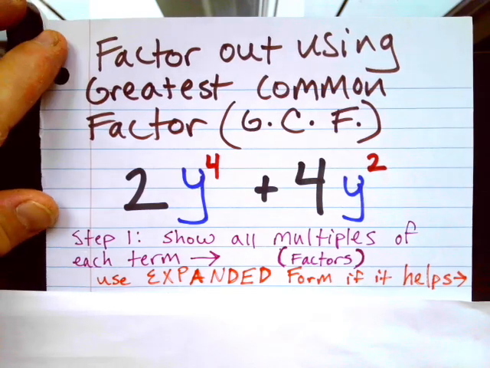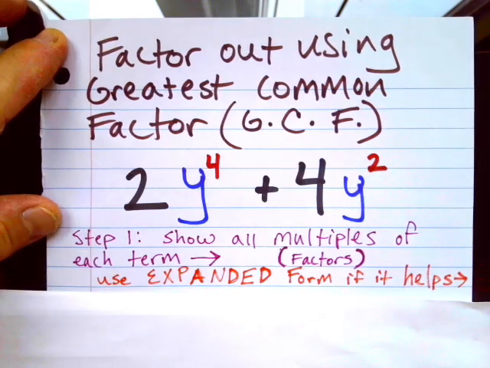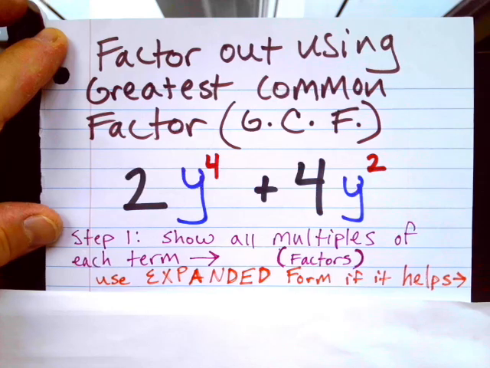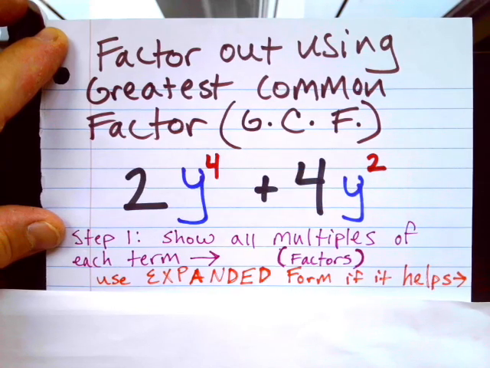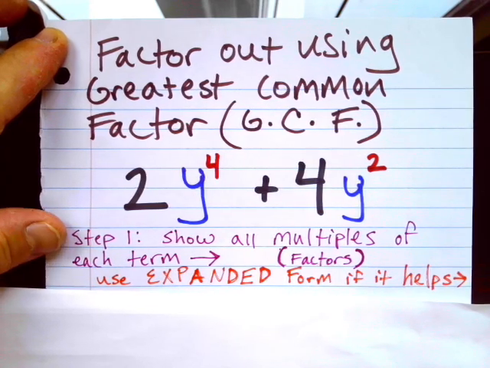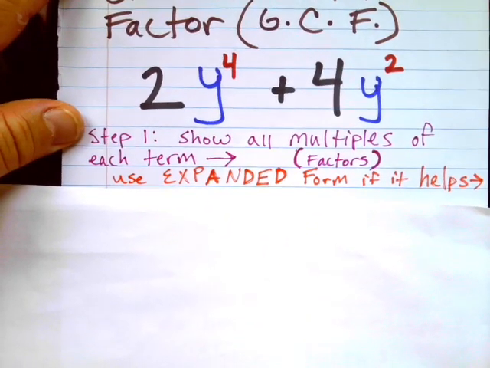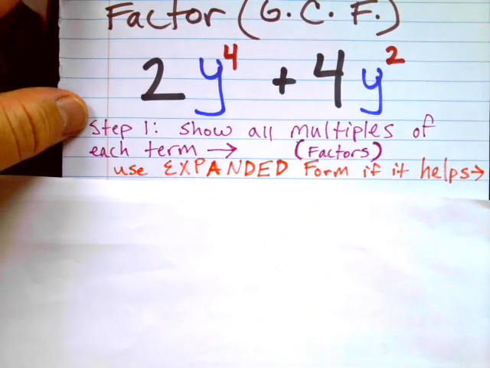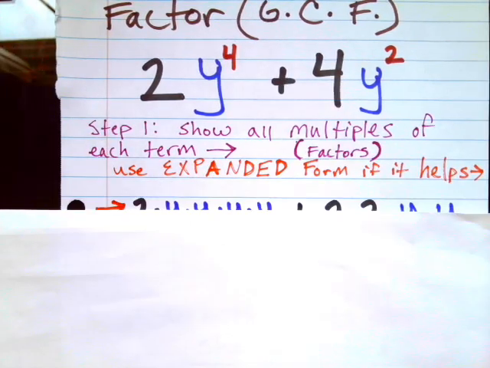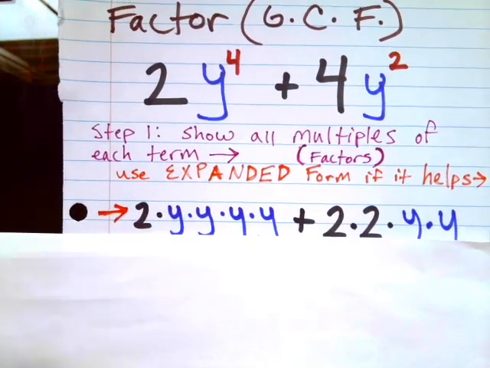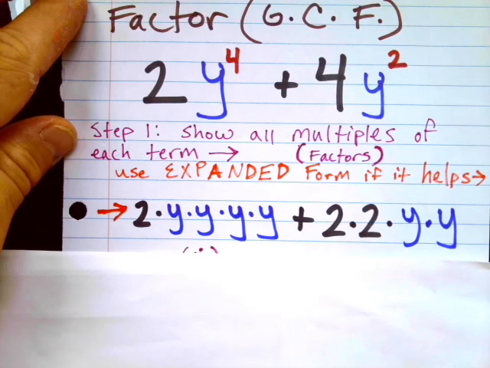Now, some folks can just look and say, hey, I know they both share 2y squared, and then you can just jump right into dividing both terms by 2y squared. But some folks are going to need to use what's called expanded form in order to see that, and I would like to show that to you now.